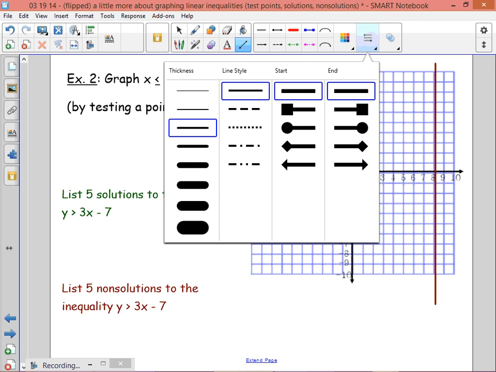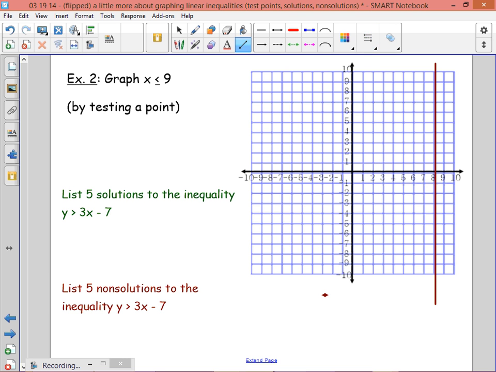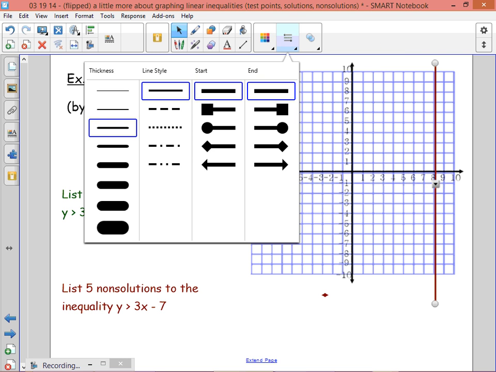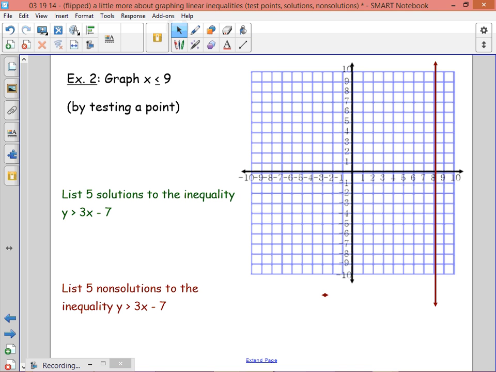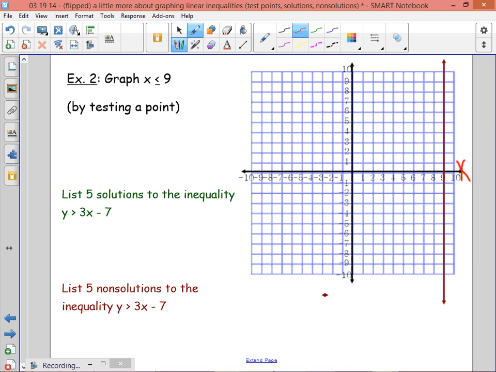I clearly need to move this over just a little bit. So I move it over. I'm going to label x, y, and my line. This is x is less than or equal to 9.